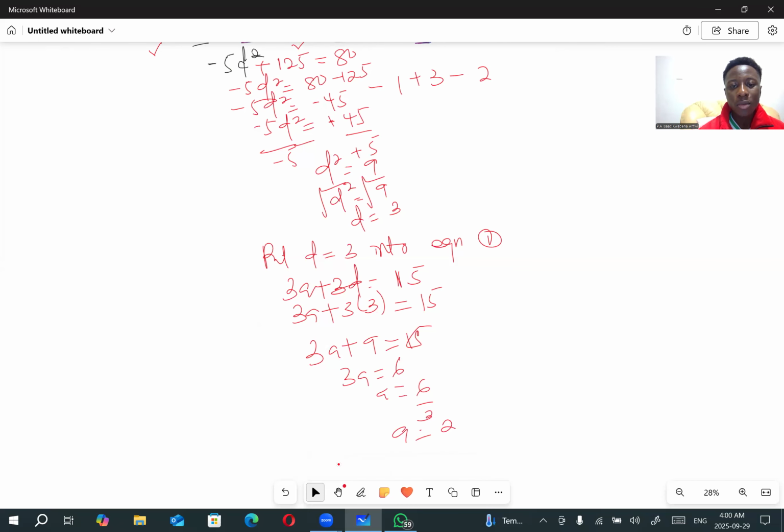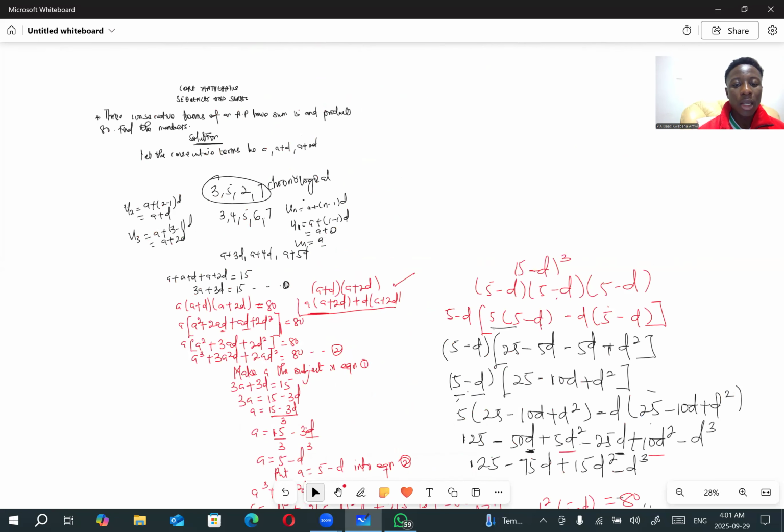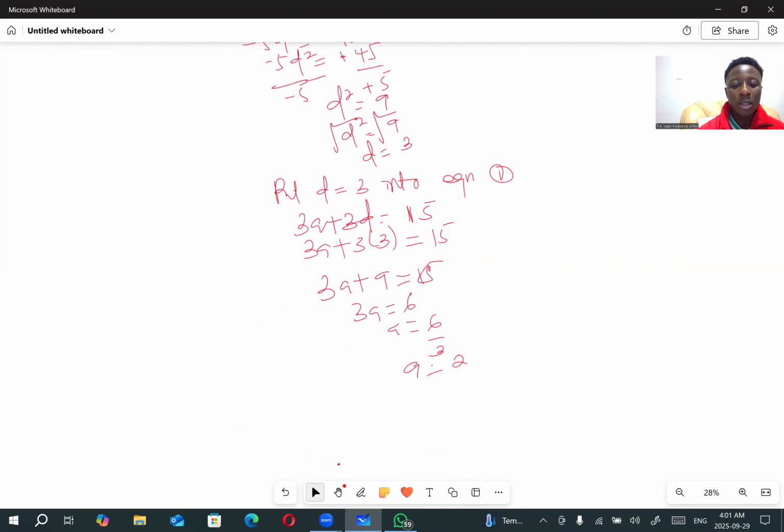Now, I don't know what the question was about. It says find the numbers, so three consecutive terms, right? Therefore, the numbers are: a is 2, so the first term is 2. The next one will be 2 plus 3, which is 5.